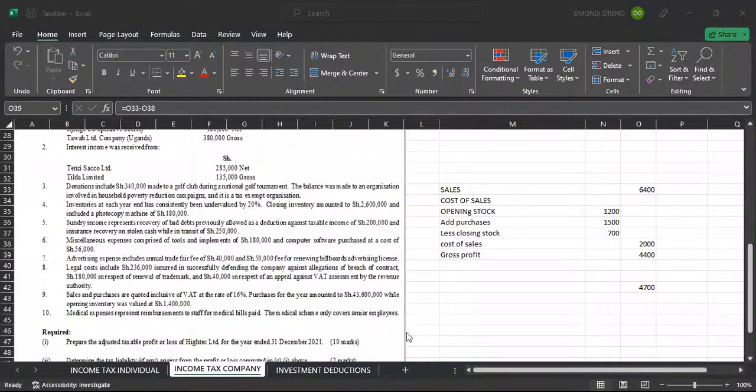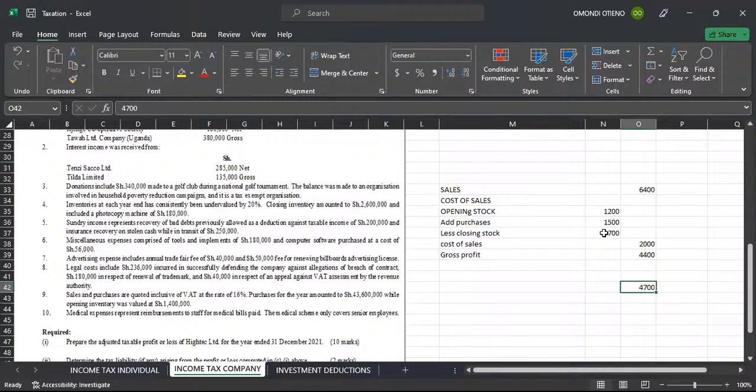From 4,700 to 4,400. So what has happened? If you put the real value of closing stock, our real profit is now 4,400. It means putting the photocopying machine as part of the closing inventory exaggerated our profit.